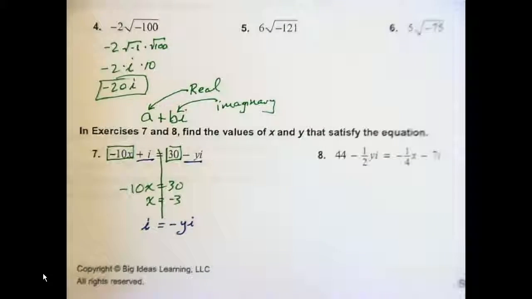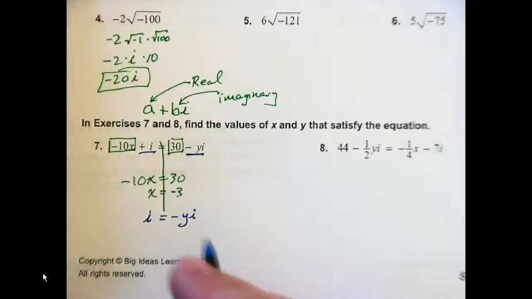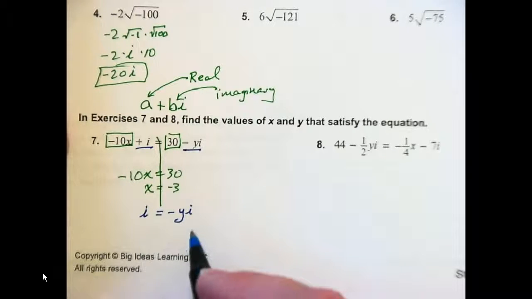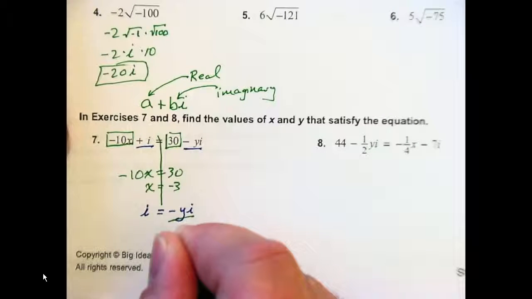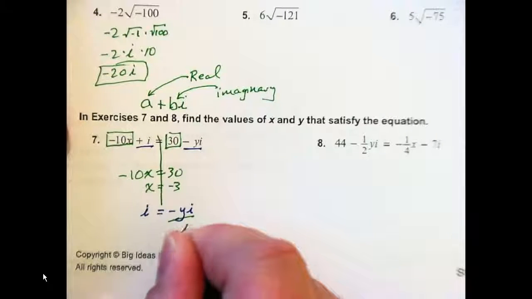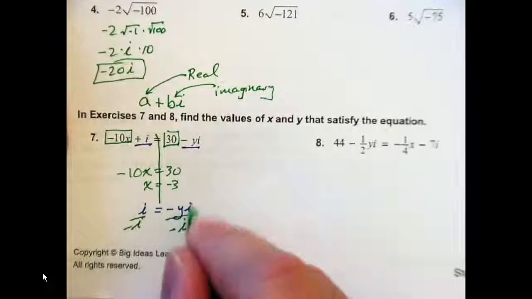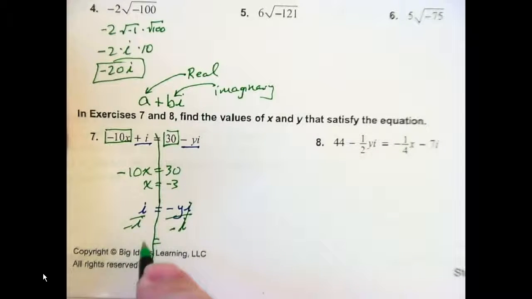So, if I'm dealing with this, I want to get y by itself. How do I get rid of the i? Divide by -i. And if I divide by -i, I end up with y equals, what's i divided by i?